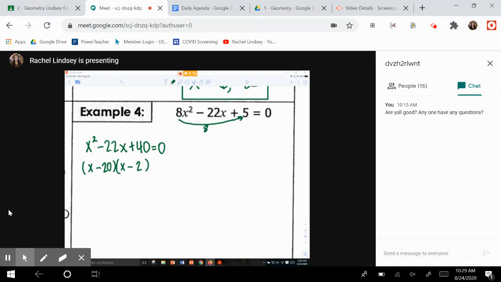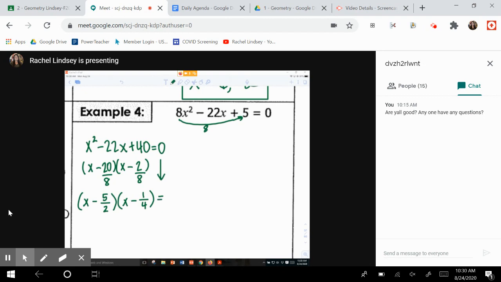Okay. So now I need to go back and do my divide. So divide by 8. Now what's 20 over 8 reduced to? 5 over 2. And 2 over 8 reduces to 1/4. Okay.